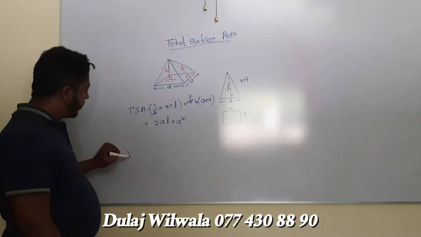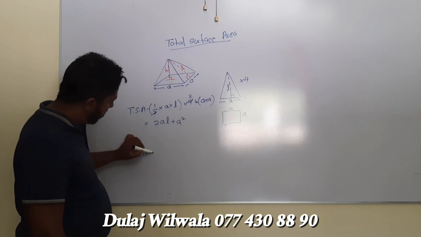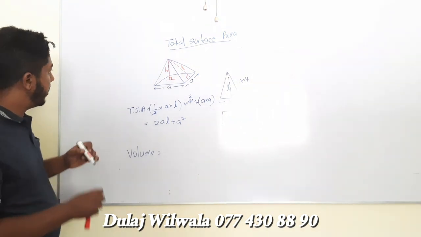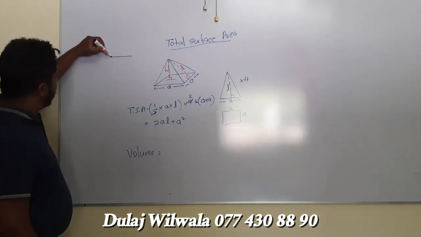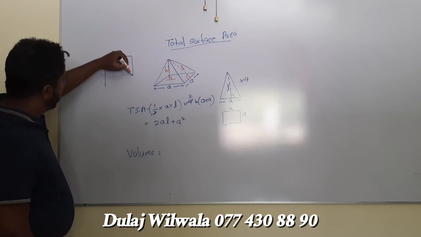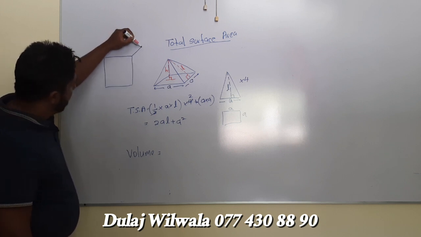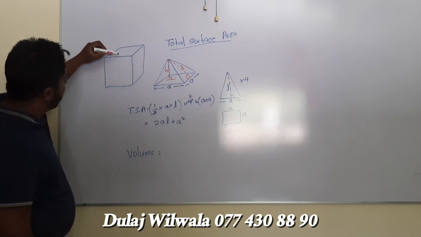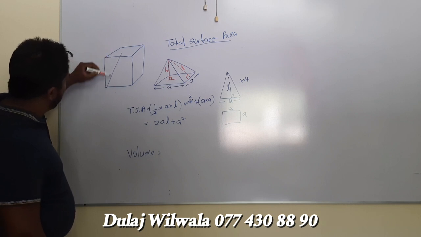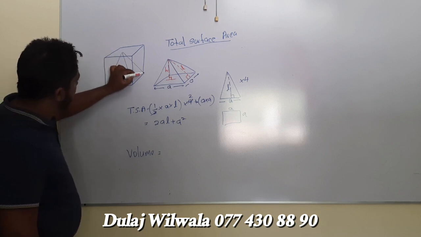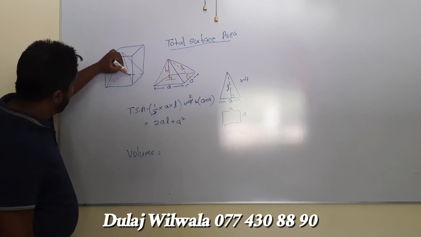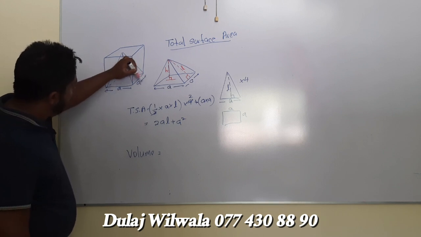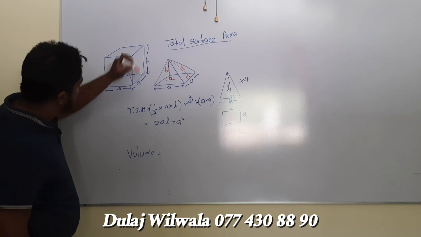And also volume. We say that the volume of a pyramid equals 1/3 the volume of a cuboid where the height is h and the base lengths are A and A. Let's say this one is h.